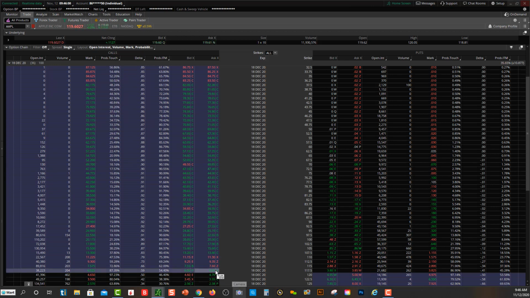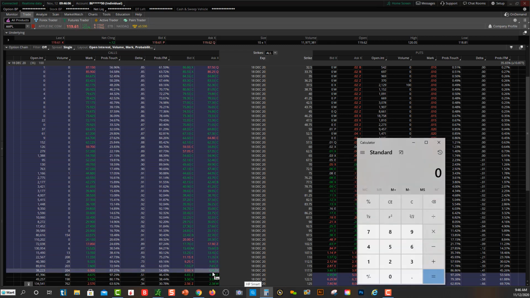Now remember, each options contract is the equivalent of 100 shares. So you'll see right here, if I bought it at 605, that would be 605 times 100. So that would be $605 for that options contract, and that controls 100 shares of Apple.